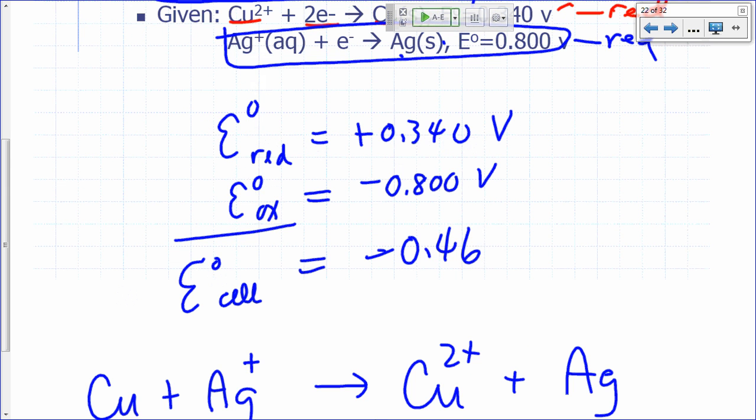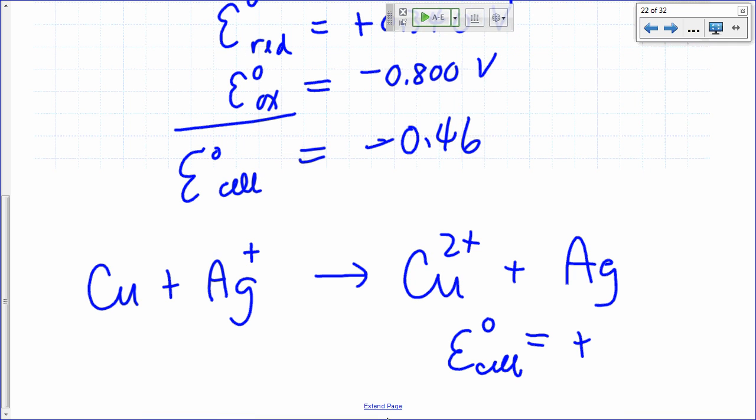So now this is going to be equal to positive 0.46 volts. So this means that if I put copper in a solution that has silver ions, I can generate silver metal out of that mixture under standard conditions. So that would be a spontaneous reaction.